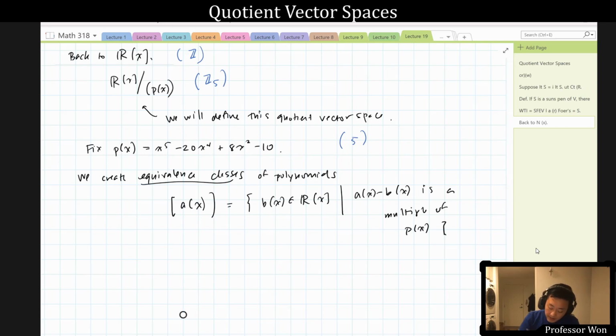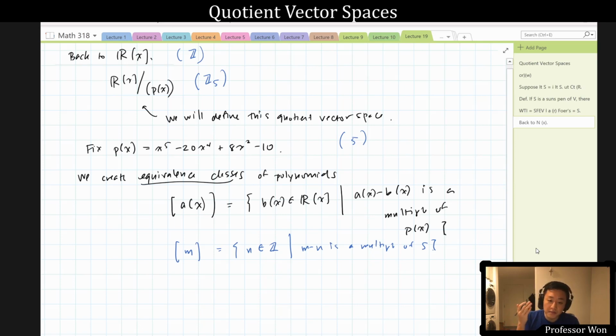In other words, by analogy, you take the equivalence class of an integer m modulo 5, and you look at all of the integers n such that m minus n is a multiple of 5. This is exactly what you do for the integers mod 5. We're going to do this with polynomials. Now, how do you figure out which integers give you the same equivalence class?